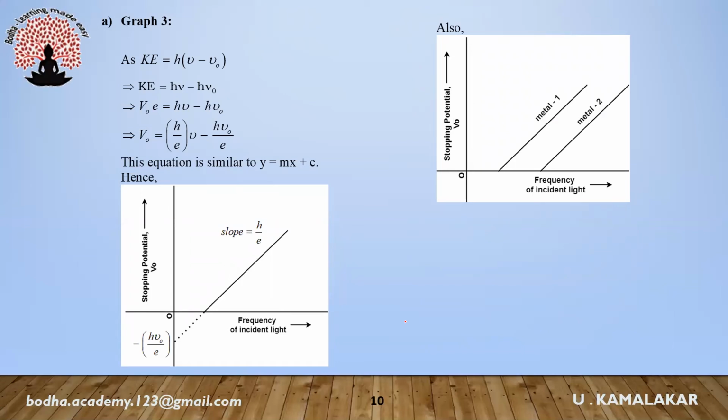Hence, again the graph between stopping potential and frequency of incident light is a straight line as shown in figure. The slope of straight line is h by e and y-intercept is minus h nu naught by e. Also, for two different metals, the graph drawn between stopping potential and frequency of incident light will be as shown in figure.